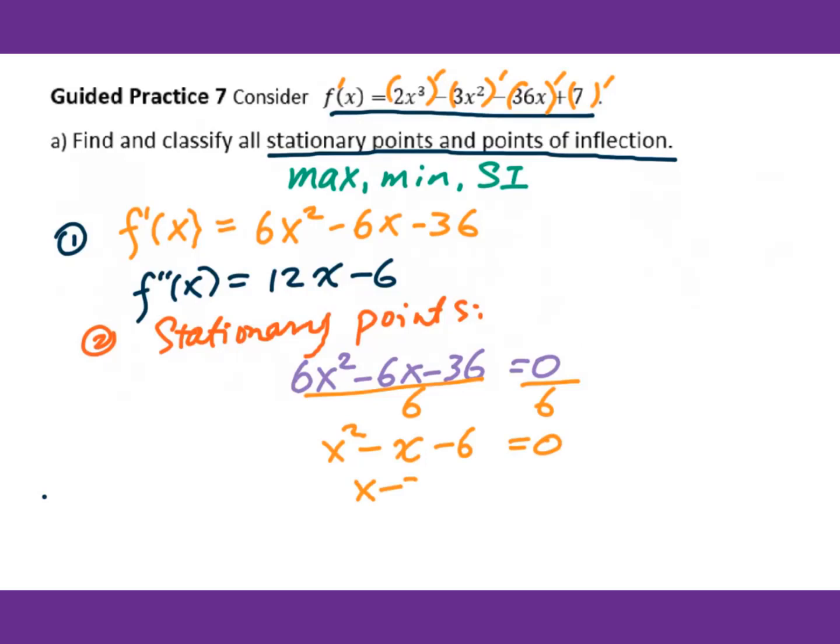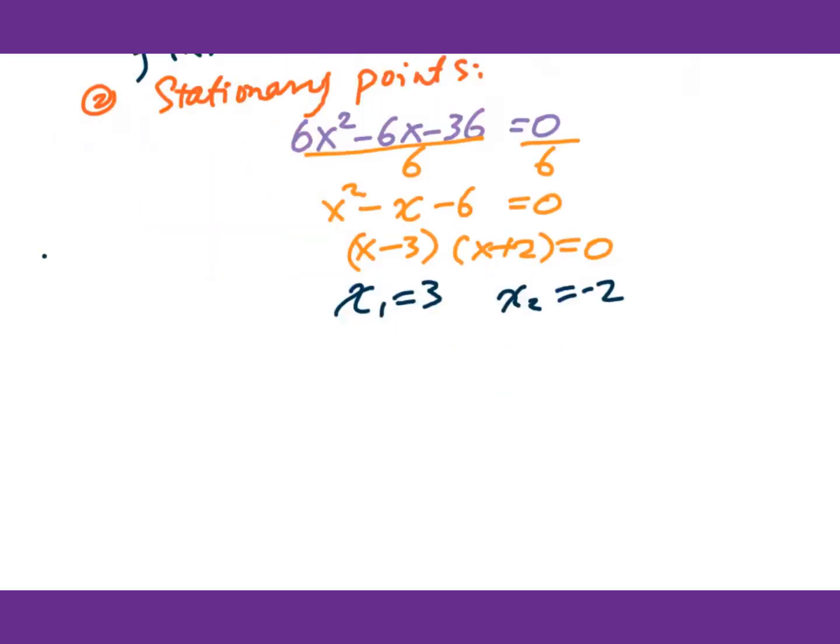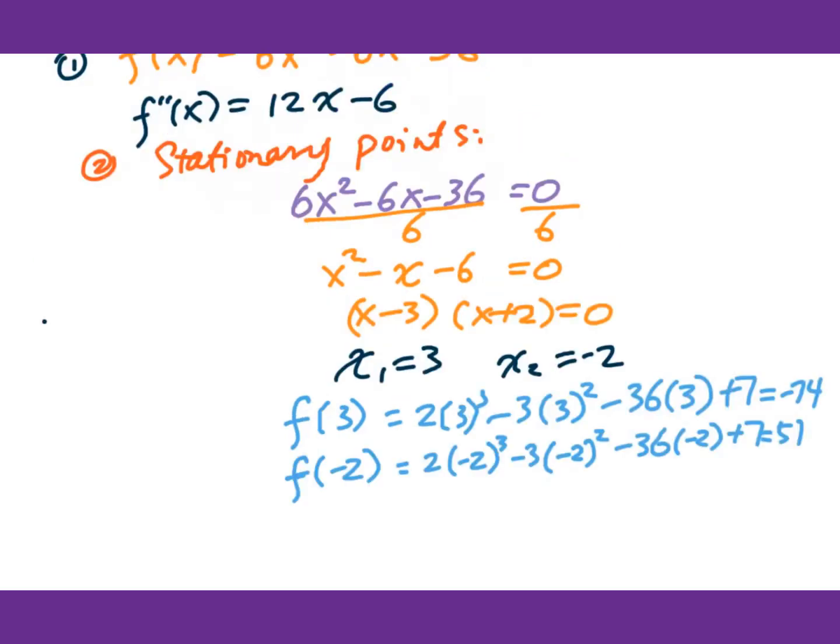Factor: x minus 3 times x plus 2 equals 0. Therefore, x1 equals 3, x2 equals negative 2. Then we plug into the original function, f of 3 and f of negative 2. After we plug in, you get 3, negative 74, and negative 2, 57.